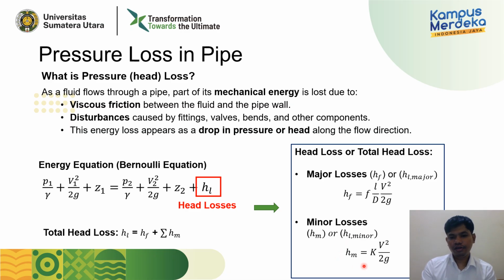What we need in this equation is just the coefficient of the minor losses. So the coefficients of major losses are f, L, and D, but in minor losses it is only K. Okay, so these are the two different losses inside the pipe. When we talk about total head losses, we need to calculate both major losses and minor losses.